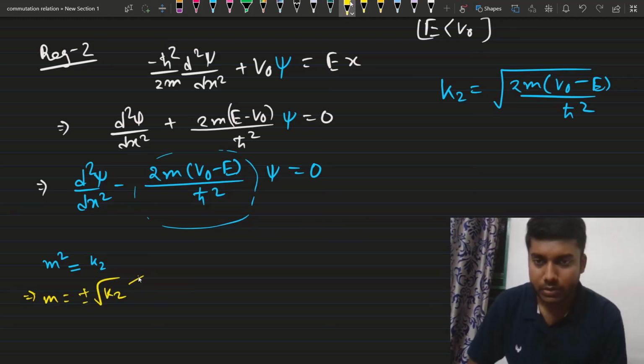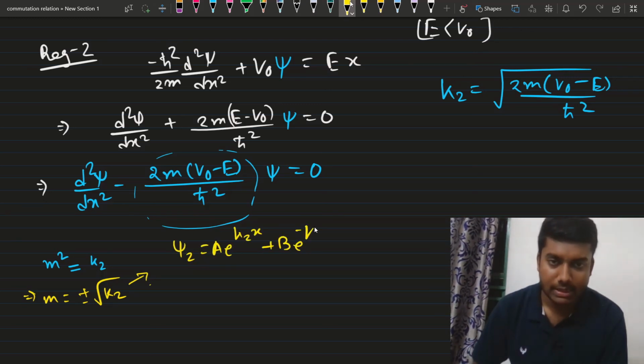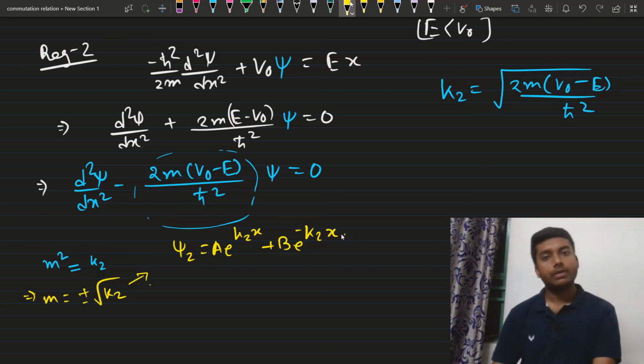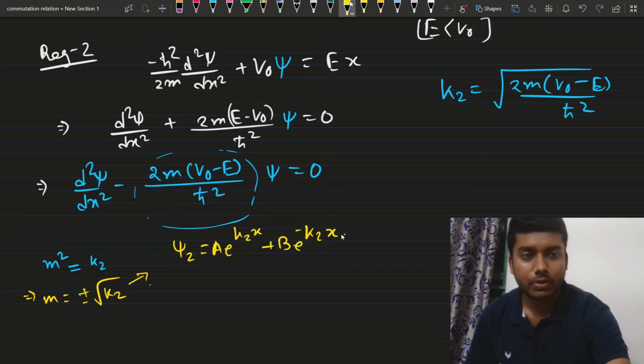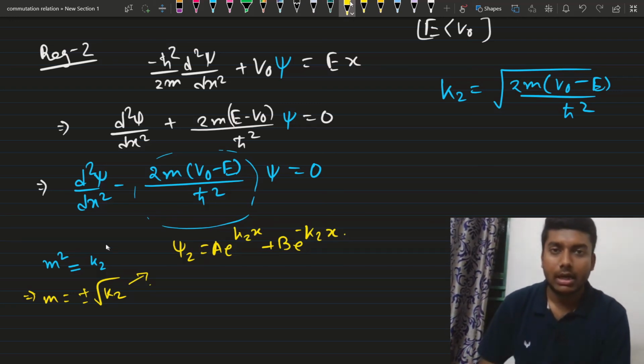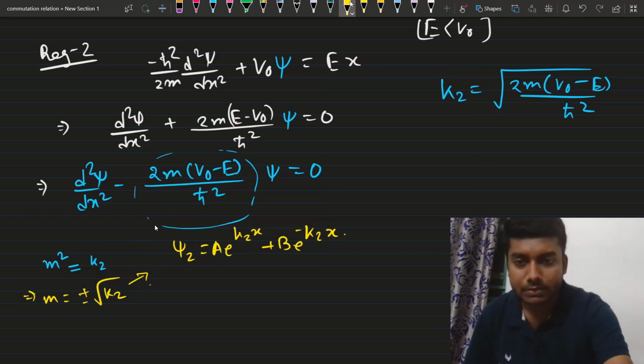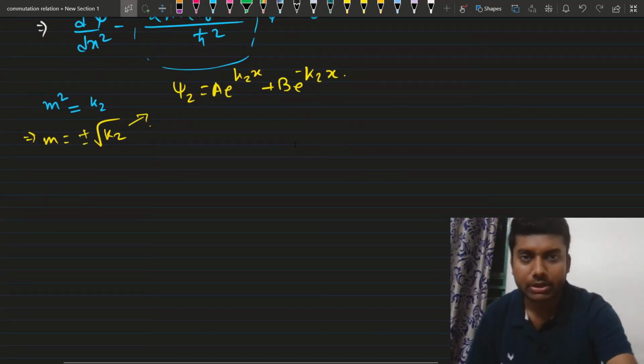So the solution will be psi2 is equal to a e to the power minus k2x. This will be the solution of the Schrödinger equation for region 2.